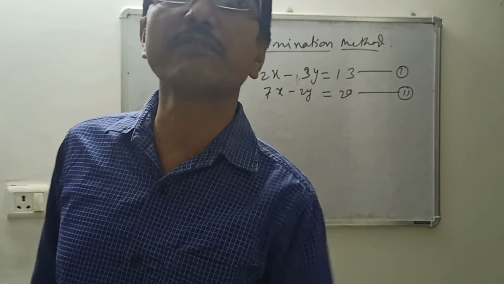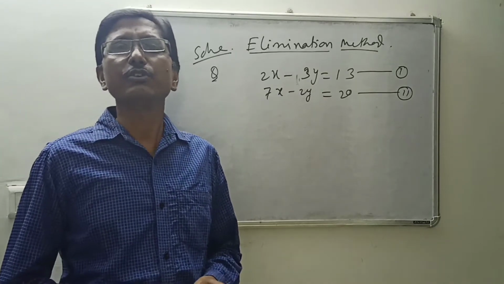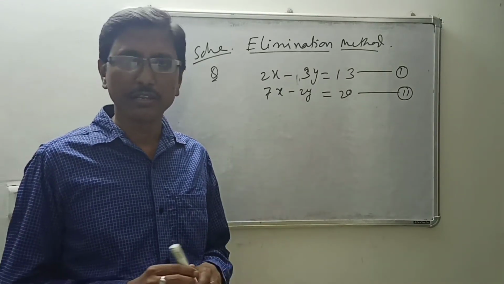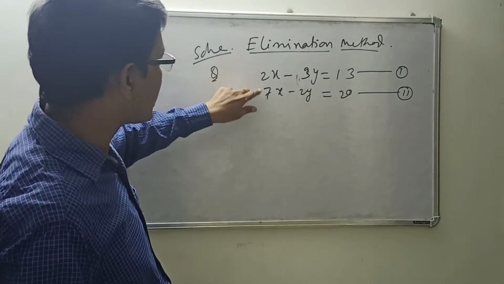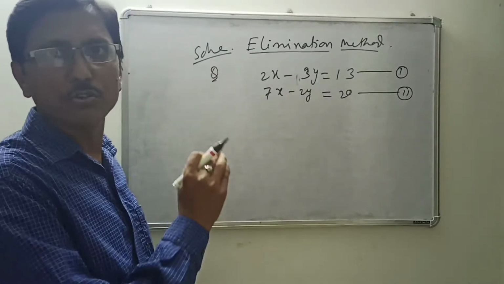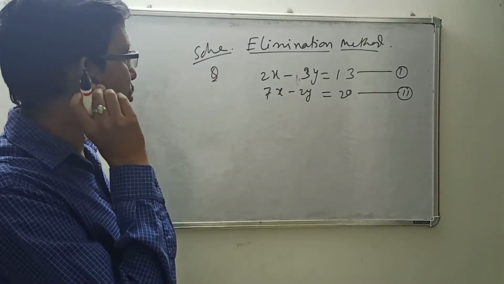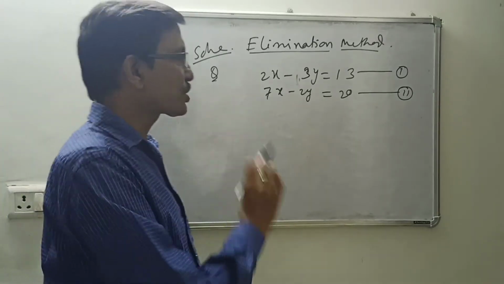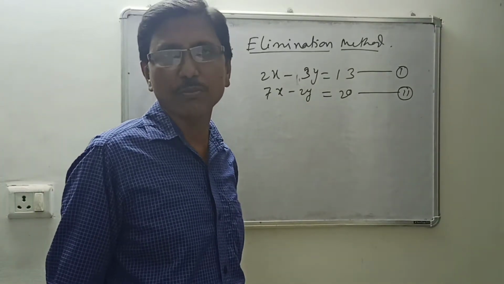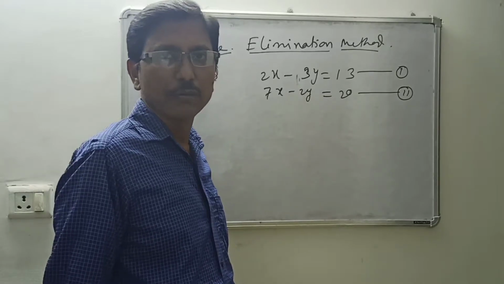Out of the two variables x and y, you can eliminate any one. Suppose you are eliminating x. If you want to eliminate x, both equations have to be multiplied by some number so that the coefficient of x is the same in both places.